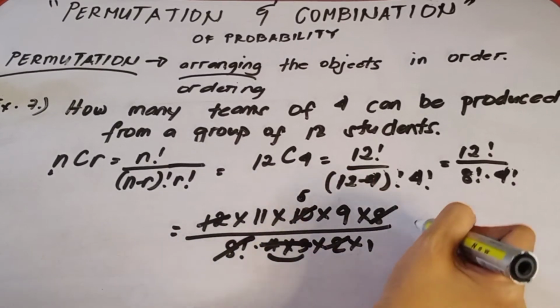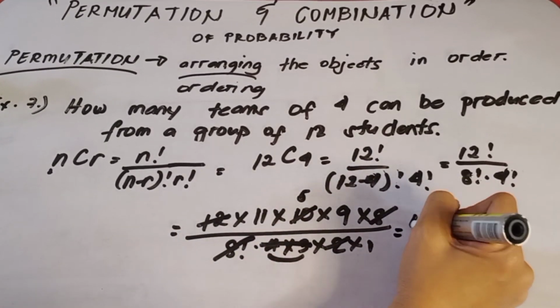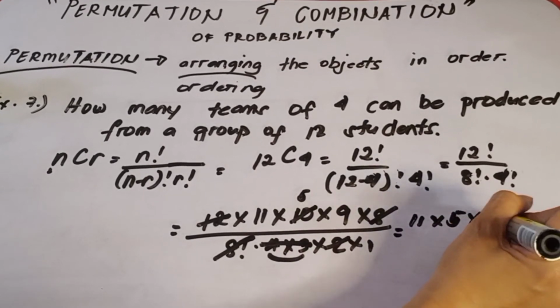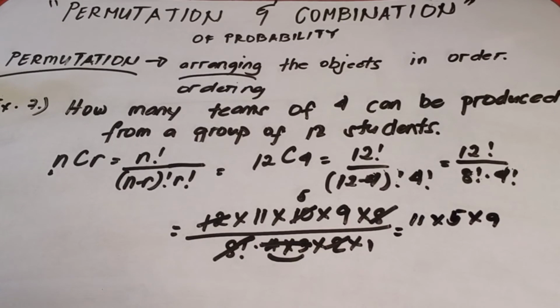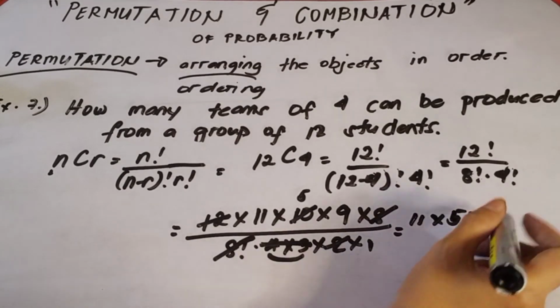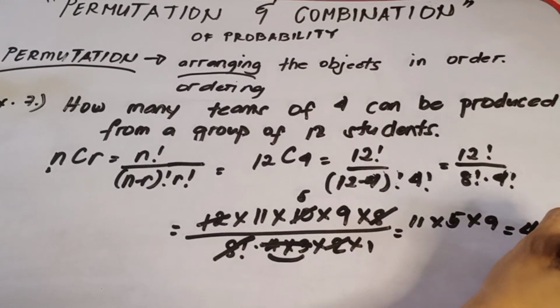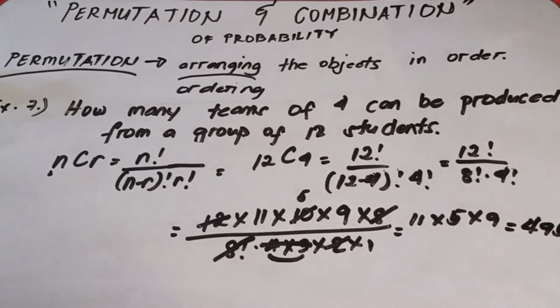Okay. So, wala na yung 1. So, ano na lang yung natira? That is 11 times 5 times 9. Okay. So, if you were going to compute 11 times 5 times 9 using our calculator, that is equal to 495. So, this is now our answer.